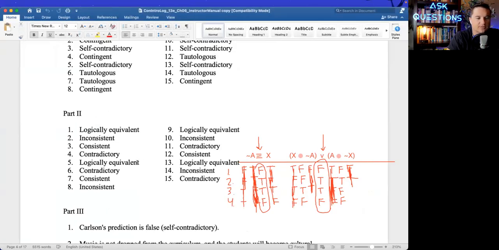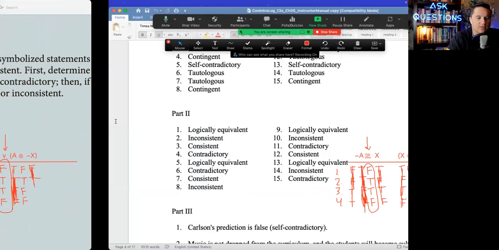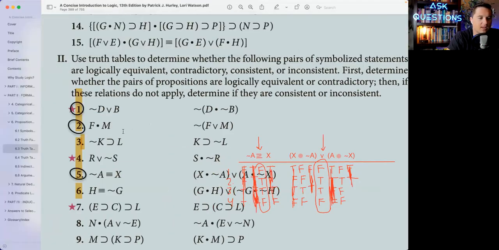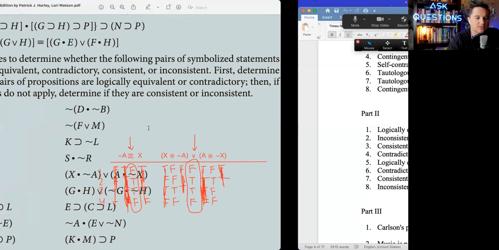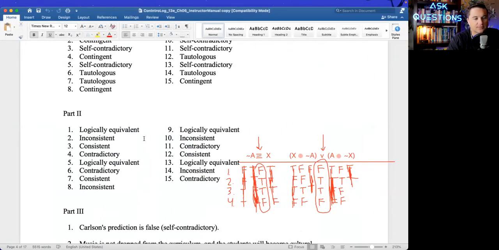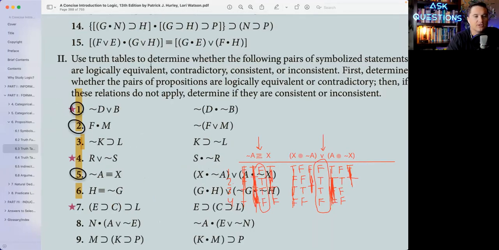Logically equivalent. That's like we said. Number 1, we said that they were logically equivalent. And number 2, for a second, even I thought that they were contradictory statements, but they are neither equivalent nor contradictory, but the two are inconsistent. So 2 here should say inconsistent. Yep. So good. Wonderful, wonderful.